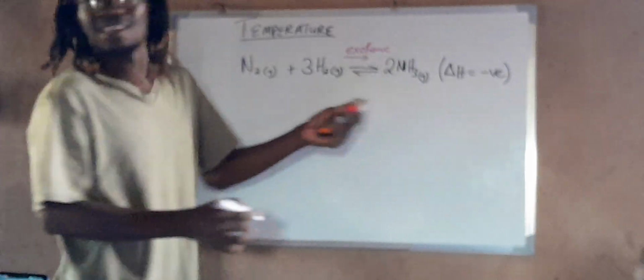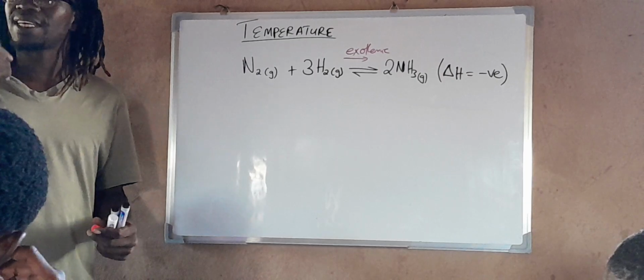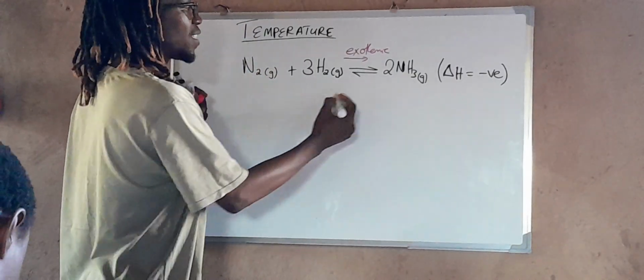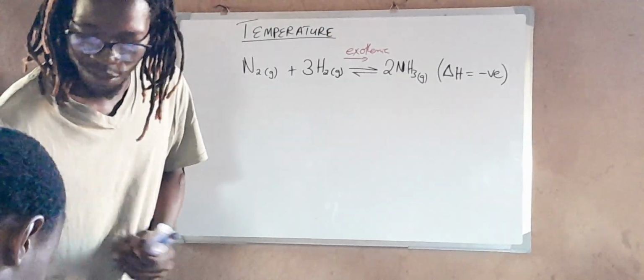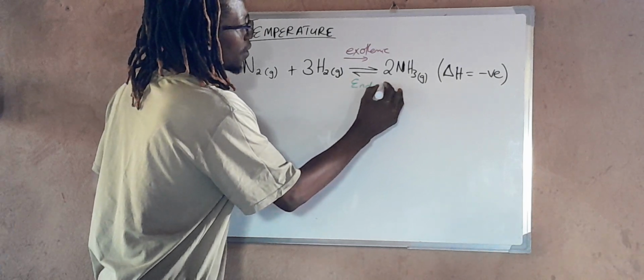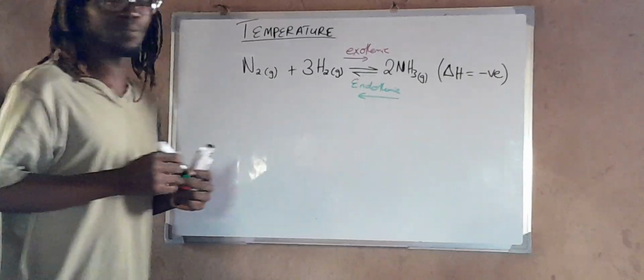But this thing is happening both ways; this is a reversible reaction. So if your forward reaction is exothermic, then your reverse reaction is endothermic. Going backwards is endothermic, right?